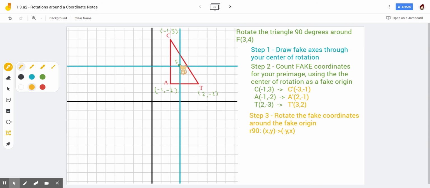So C prime is at -3, -1. A prime is at 2, -1. And T prime is at 3, 2.